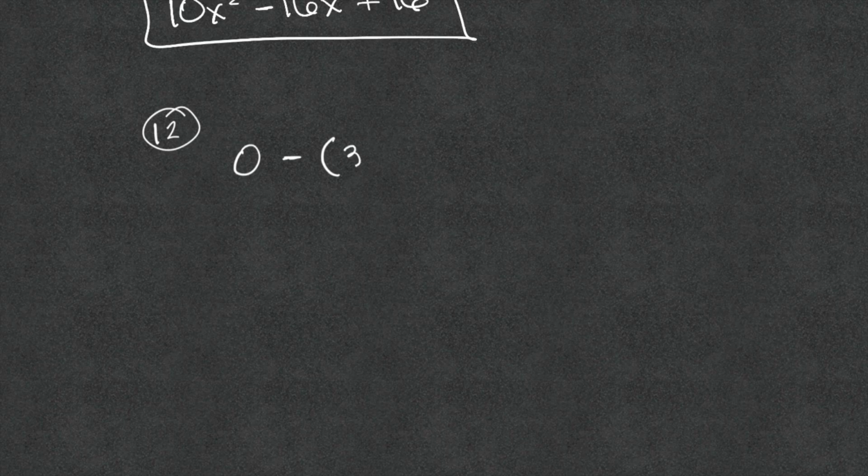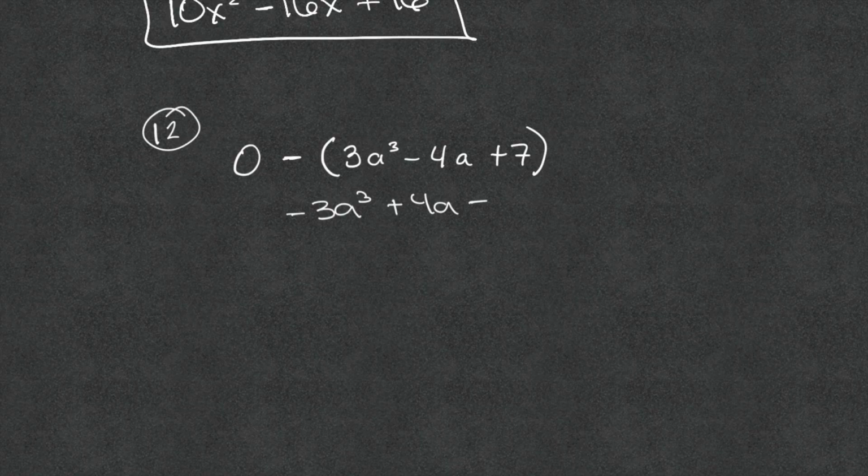And I'm still going to write the parentheses there, because that is key to having the right sign. Now, I will go through and I need to flip the sign for each one of those, okay? And I can put my 0 up here. But there's nothing there. So my final answer is just this.